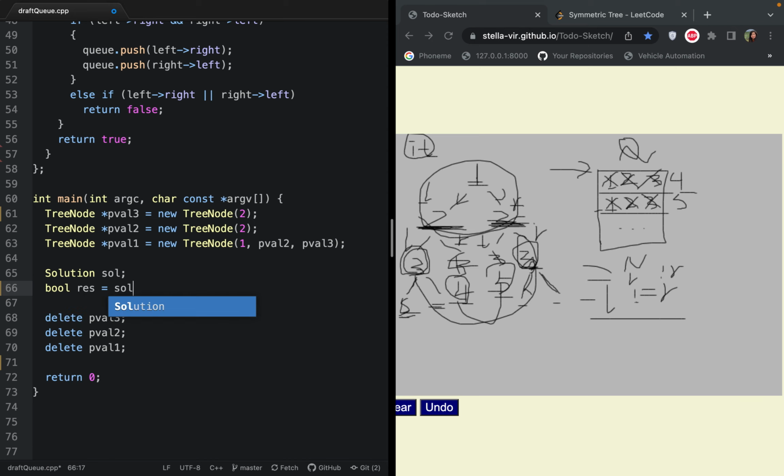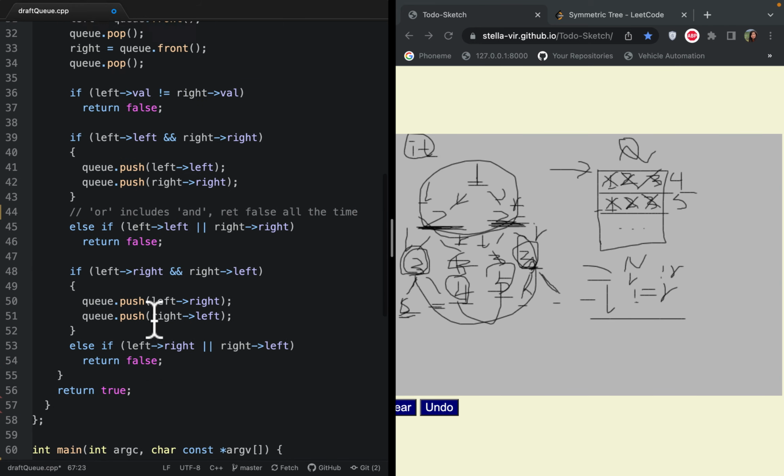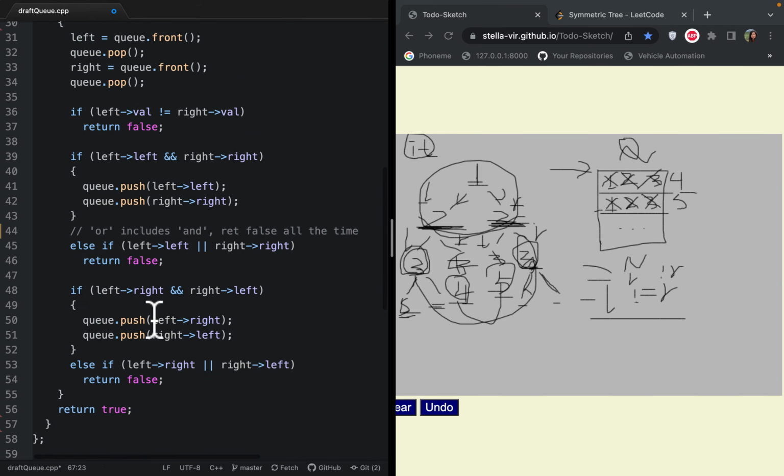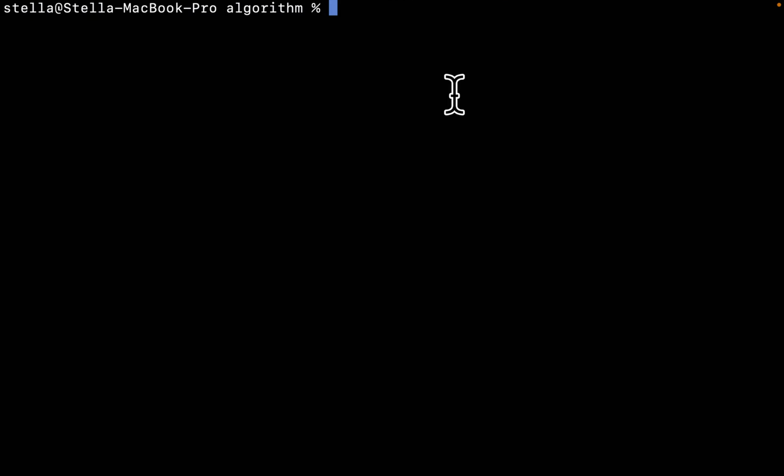It's going to come from the return value of the function isSymmetric, and we pass in our root. And just print this out. I think this is about it, unless there are some syntax or semantic errors. Okay, let's run this in the terminal.